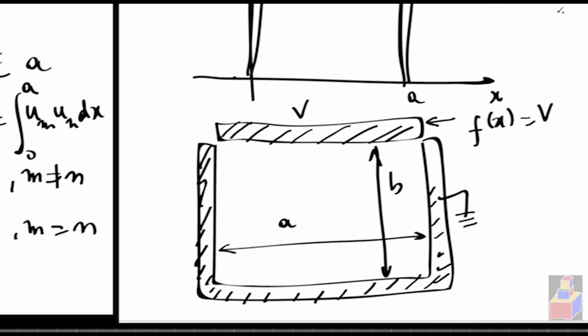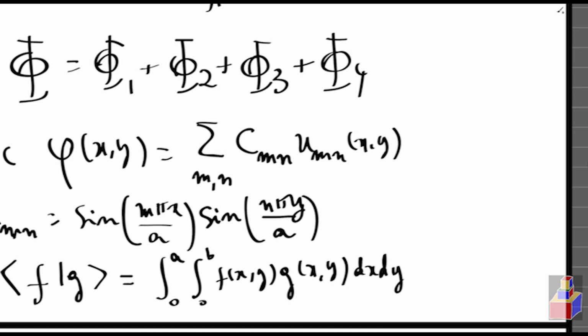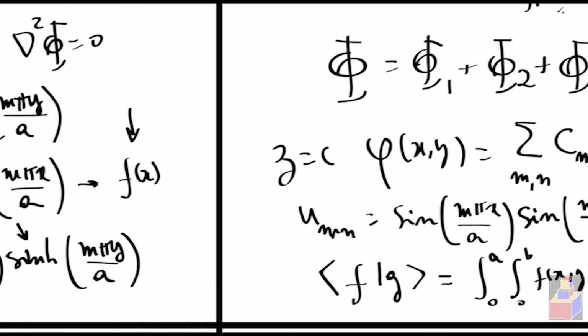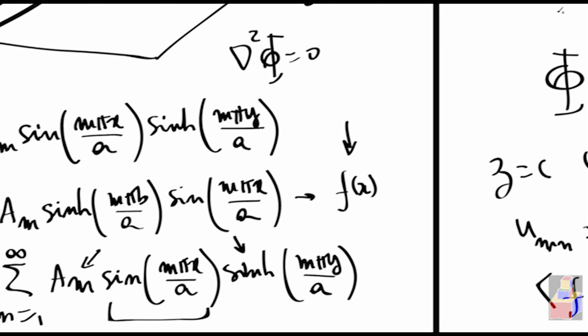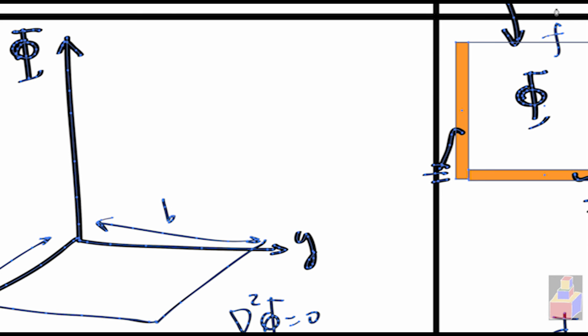For instance, in the three-dimensional problem that we have, you close the top surface with a conductor, and just delete all this.